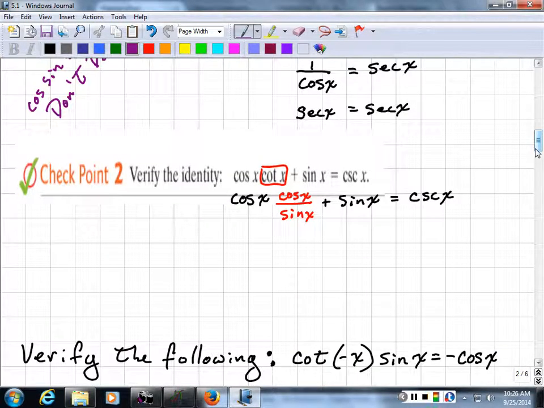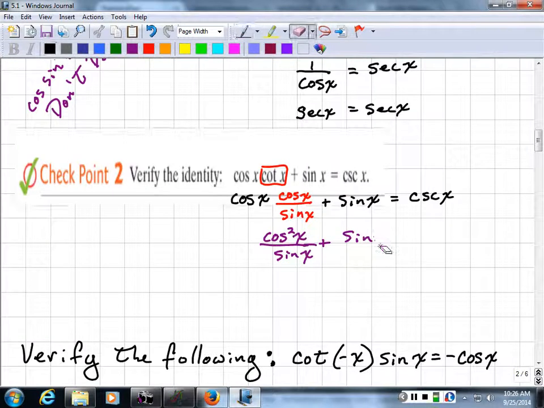Okay, really. So anyways, what do I have now? Well, I got cosine squared x over sine x plus sine x. And let me just write that like so. And I'm saying that this is equal to cosecant of x. What I'm going to do now is change sine x over here to sine squared x over sine x. Because this right here is a fraction, right?